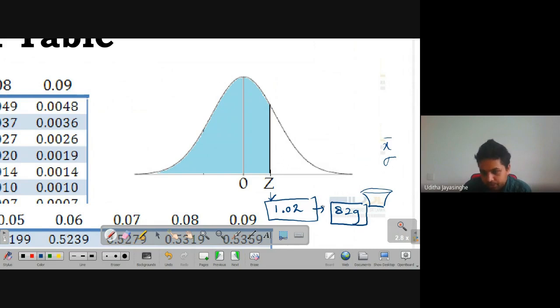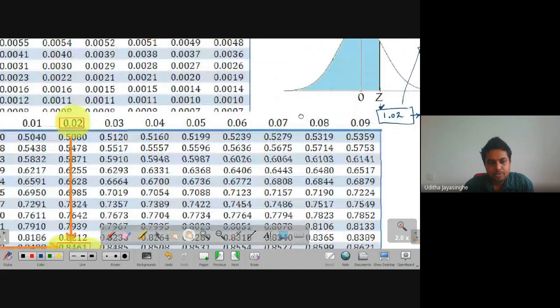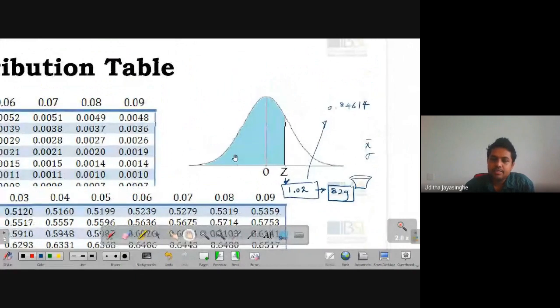So for this 82 gram cup, you calculate the corresponding Z value, and by using the Z value table you get the corresponding answer as 0.84614. What is this weird number? That's the first thing that we are going to learn. This weird number is nothing but the area from the left up until this point.